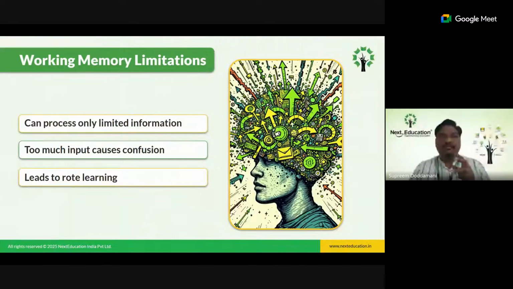Memory limitations. Only limited information means, now suppose I am teaching the definition of evaporation. I'm teaching that concept, evaporation. When I'm explaining evaporation, I have to go through so many things. That is, recall evaporation, connect it with wind speed, right? And even apply it to real life.